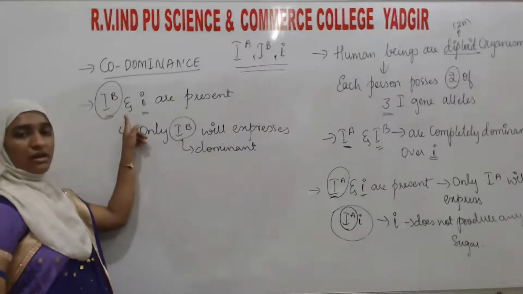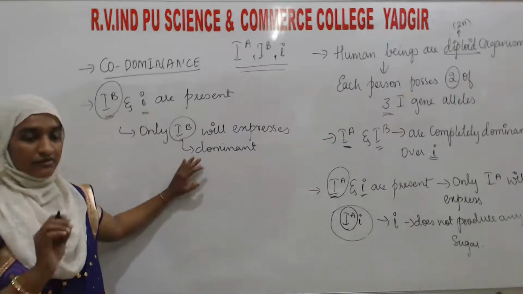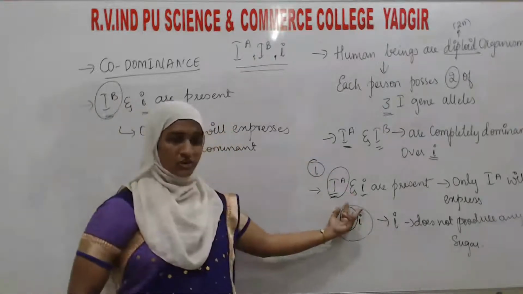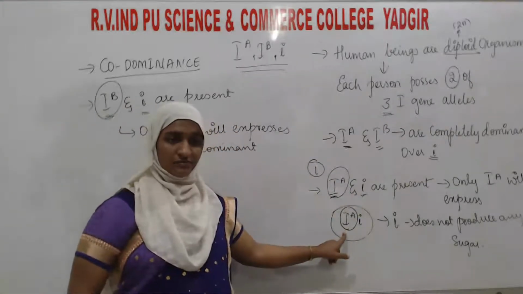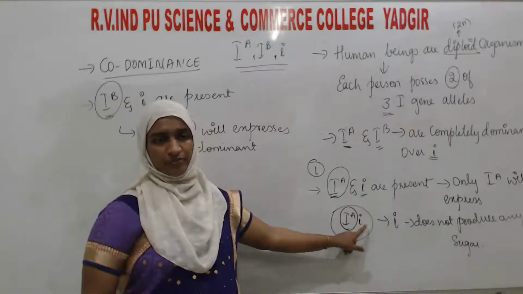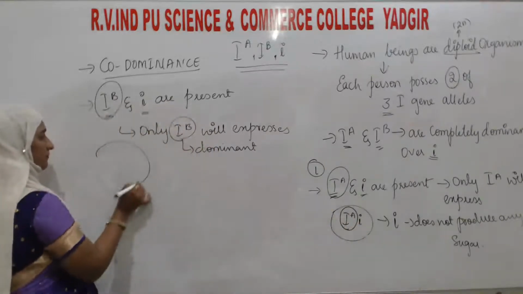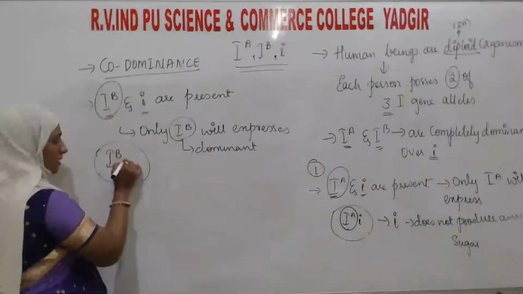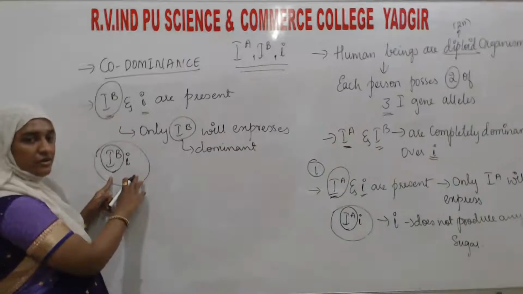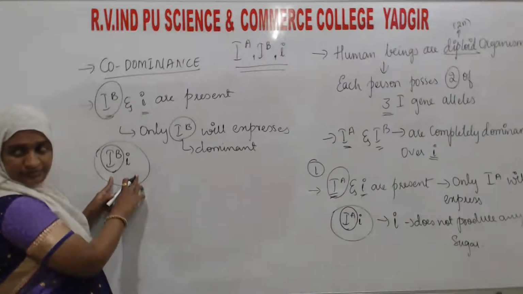This is the first condition, where if both are present only this one will express, and this will not express because it does not produce any sugar. Here also, if both IB and small i are there, only this one will express.